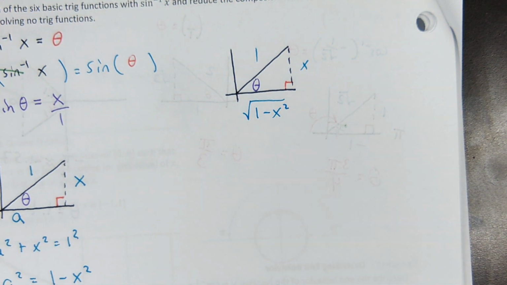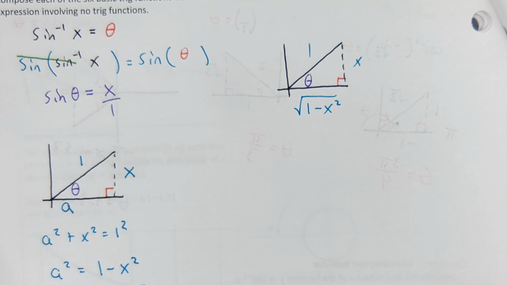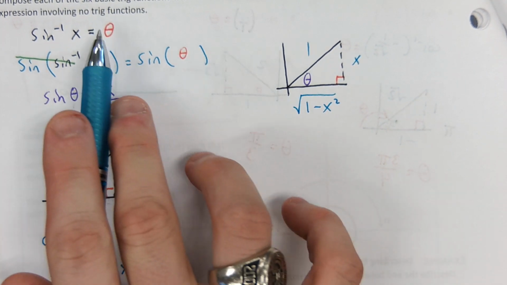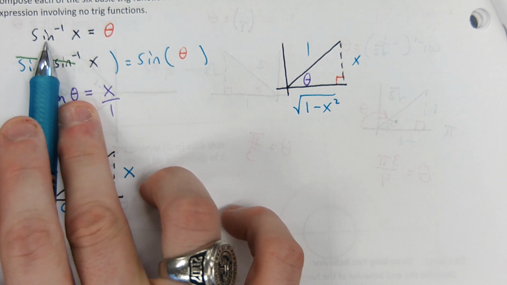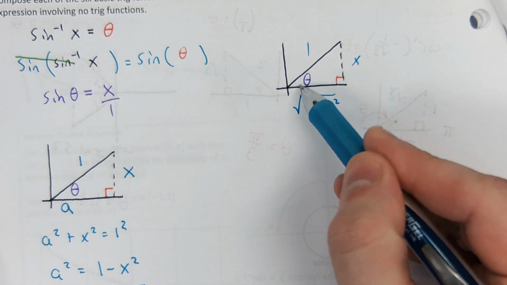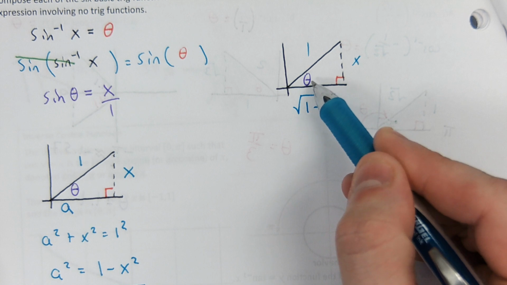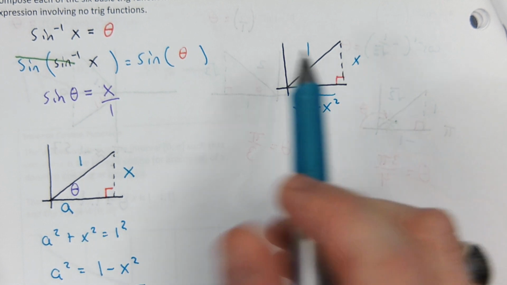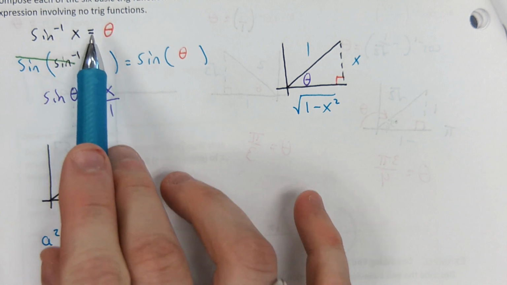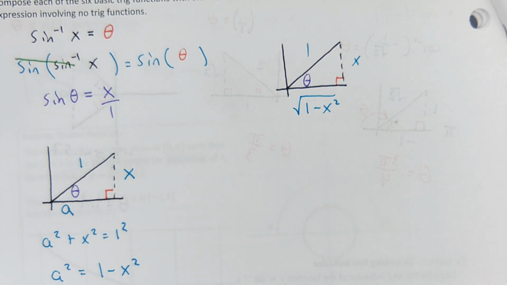Could we agree that theta is sine inverse of x? That this purple theta right here, if I had to write in a value for it, I could write it in as sine inverse of x, because, you know, sine inverse of x equals theta. Comfortable with that?